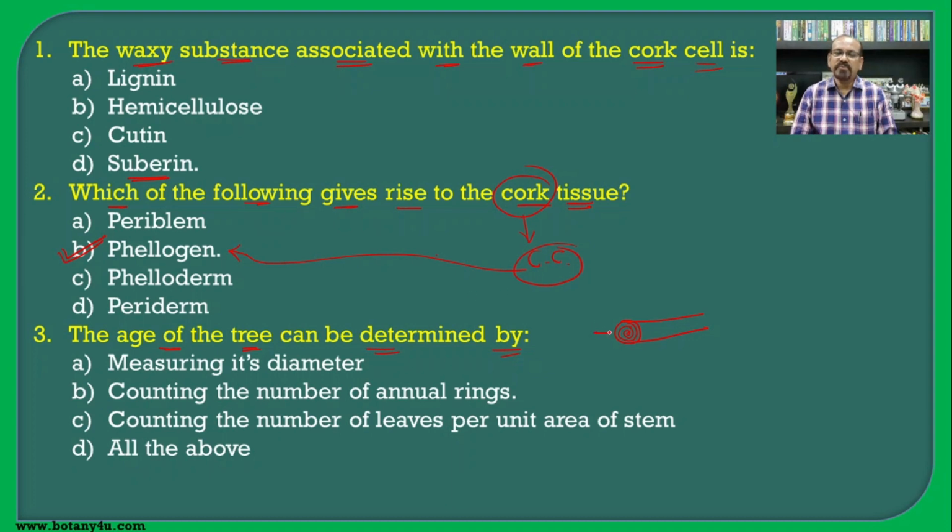With the help of these different rings, which are annually formed during the secondary growth of the plant body, we can easily identify the age of the plant, and hence counting the number of annual rings is one of the best methods to find out the age of the tree, and hence B is the answer for this question.